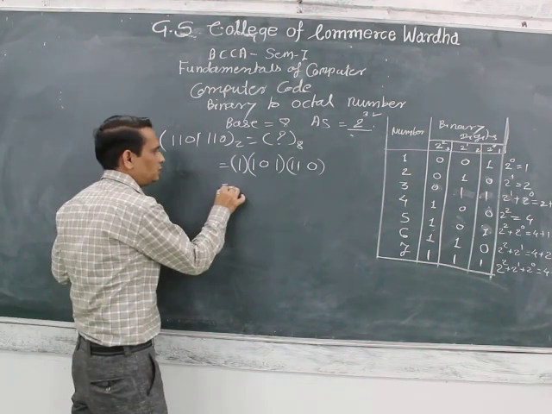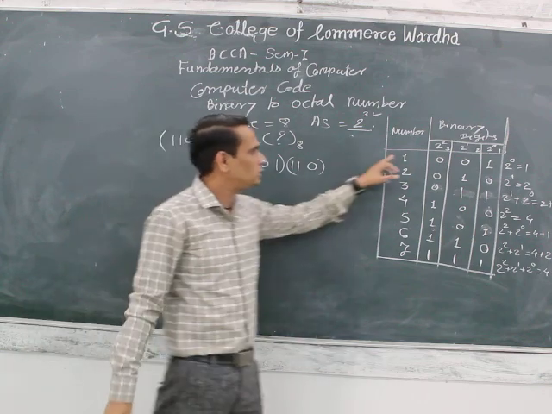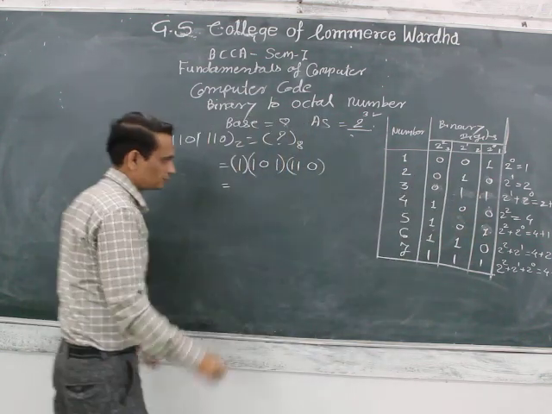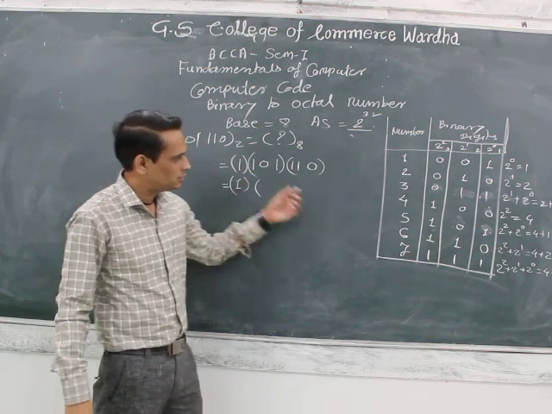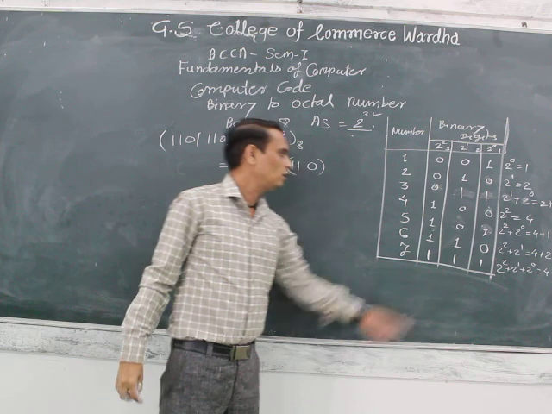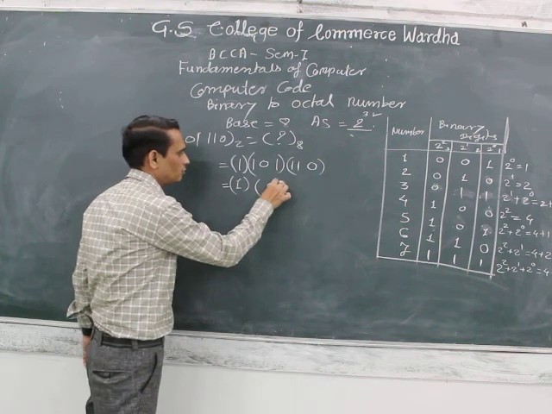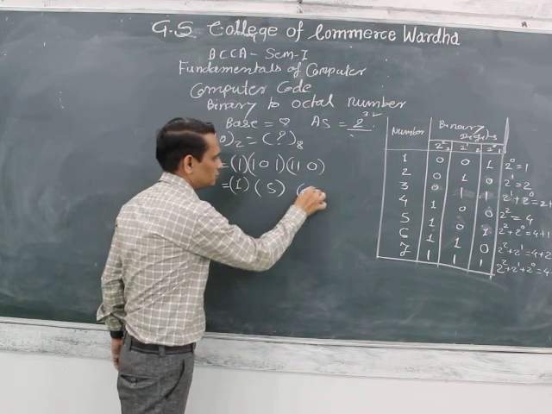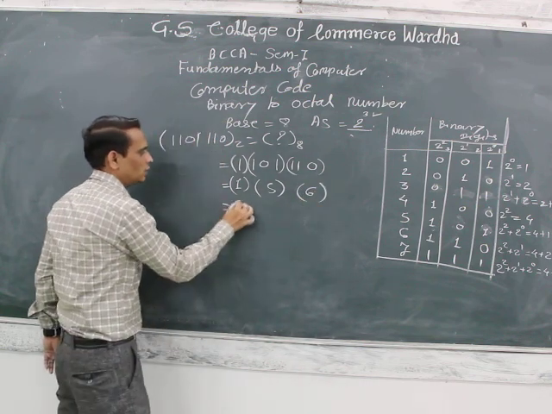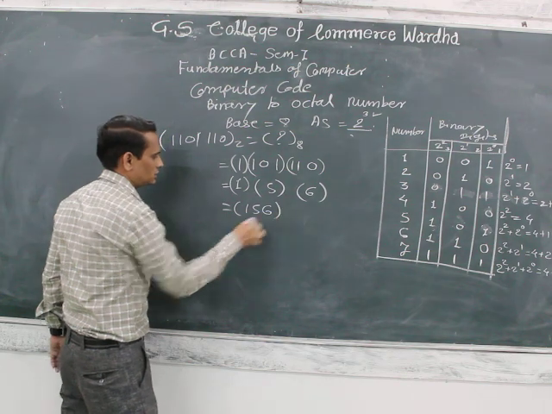So 1 represents 1, 101 represents 5, and 110 means 6. So the number is 156.